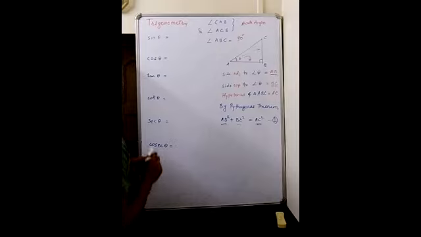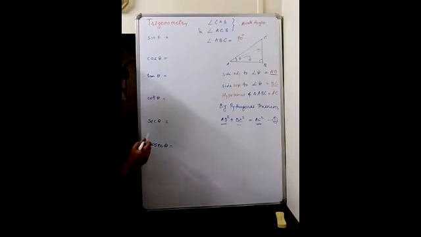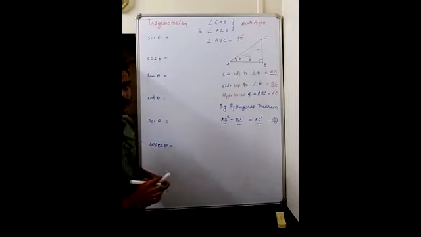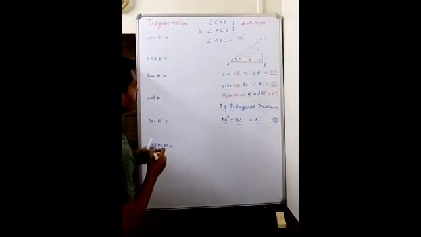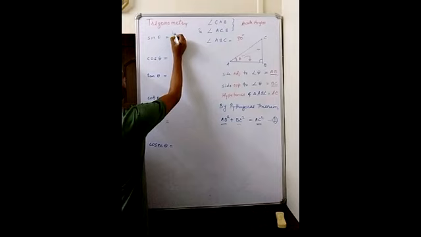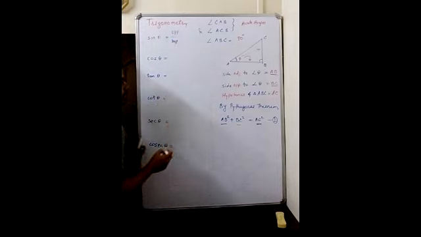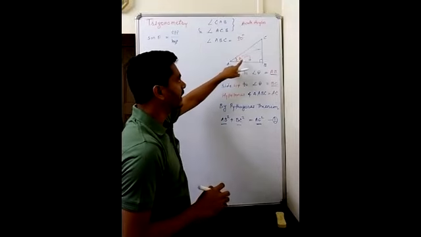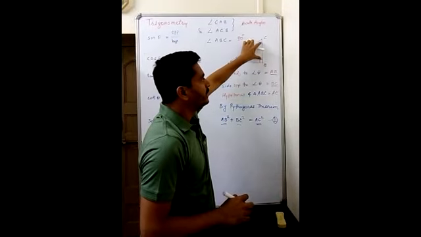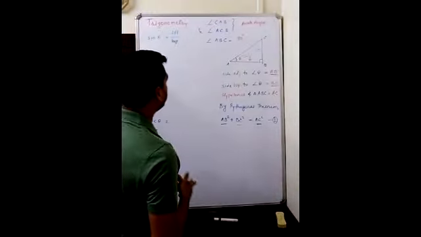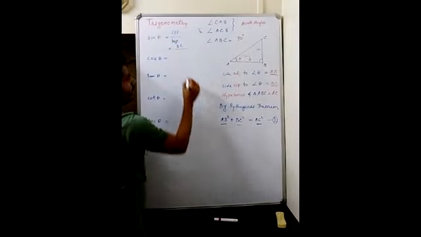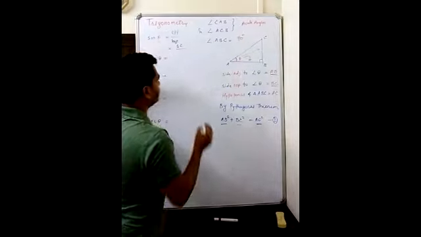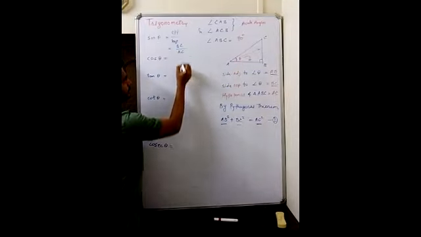Okay, then we will go for the sine of theta. So what is the sine ratio? The sine ratio is nothing but opposite side divided by hypotenuse. The opposite side of this angle theta is nothing but this side BC, so we can write it is BC divided by the hypotenuse of the triangle, AC.